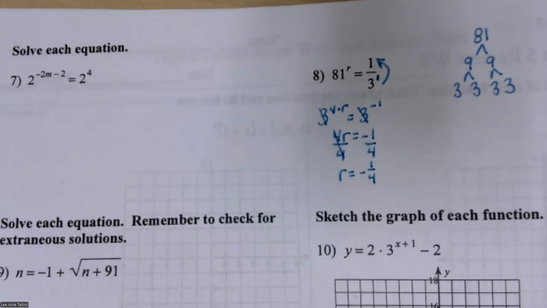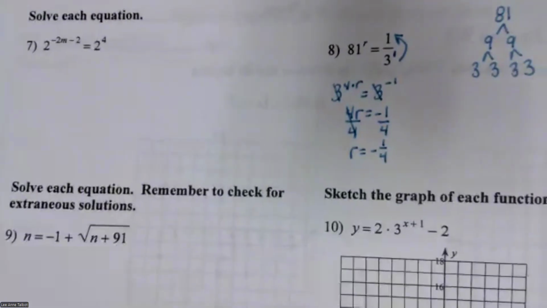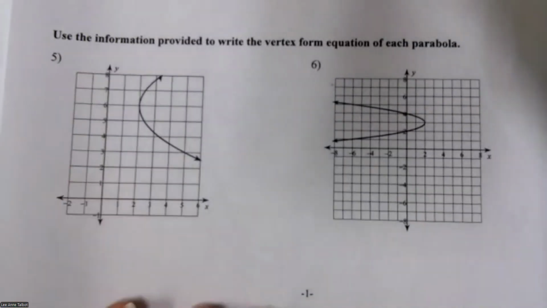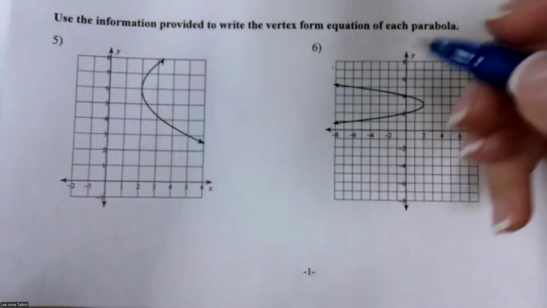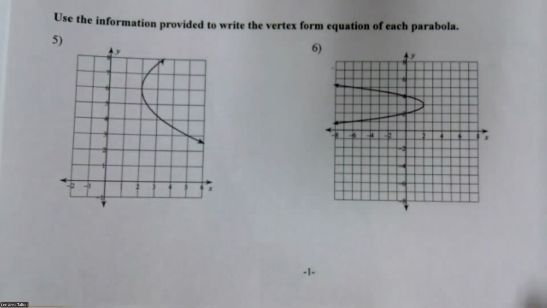Anything else around the mid chapter? Yes, dear. 5. Excellent question. And if you needed help with 5, you probably needed help with 6. That's okay. Okay, so first, what are these things? Sleeping parabolas.